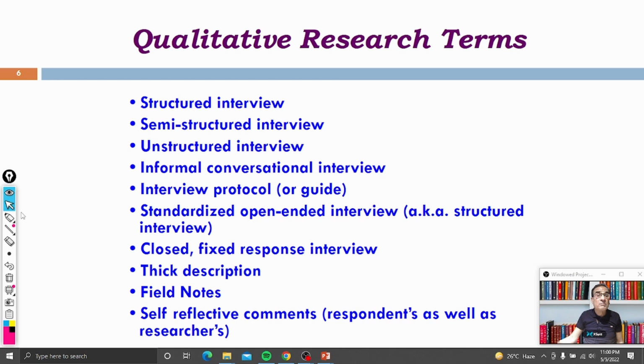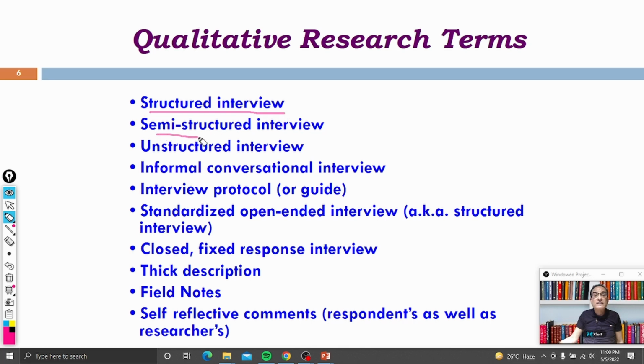Mostly we use certain terms in qualitative research, and these are structured interview. In a structured interview, we design the research questions before conducting the interview.